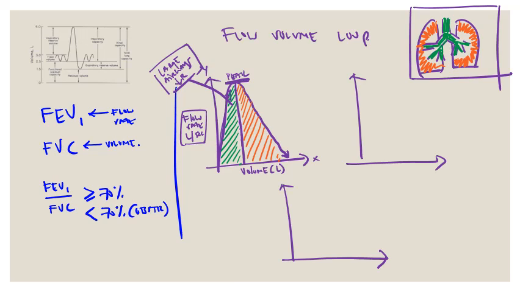So this peak represented right here is actually an area, a wall, if you will, of increased resistance, which is reflected here in the periphery. So this slow and gradual decline in flow rate is represented by small airways with higher resistance. And then eventually it's going to reach this point here.